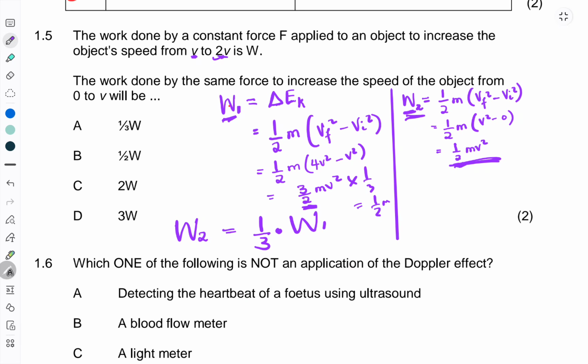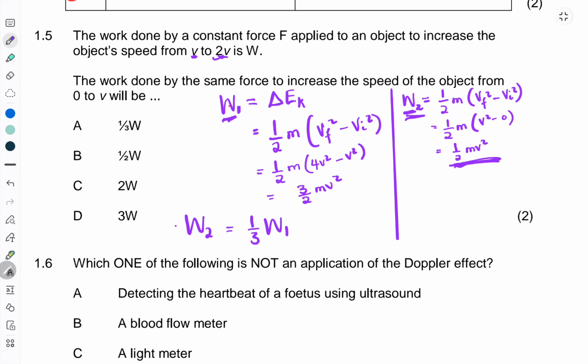Alternatively, you can just say work 1 divided by work 2, and then you get a ratio. That ratio will represent the factor by which these two works done differ. So it's a mathematical issue at this point, not 100% physics. Again, I repeat, I see that work 2 is 1/3 of work 1, because I calculated both of them and I'm comparing them now.